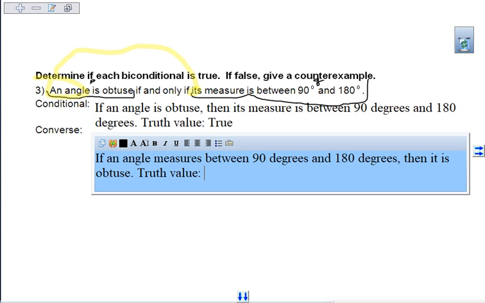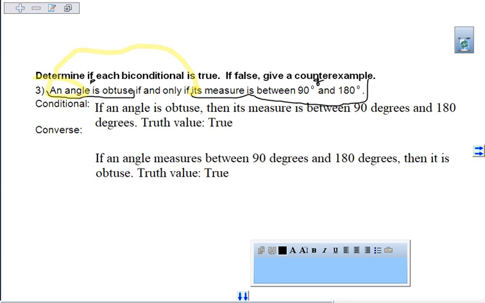What's our truth value? Again, that one is true. So this biconditional statement is true, because both the converse and conditional are true.